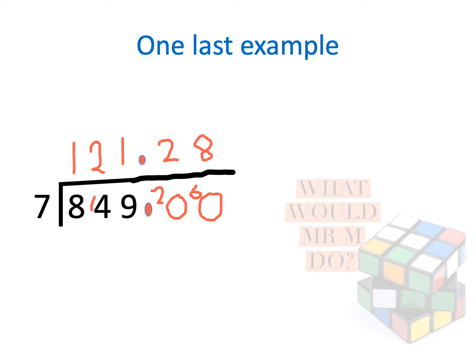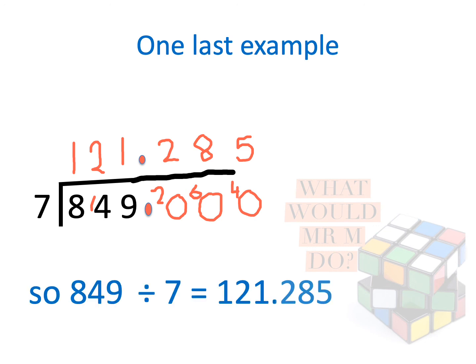I know that the answer is 8, and again I have a remainder here because that's 56, so I've got 4 left over. I put the 0 in my thousandths column and I add the 4, and I do how many 7s are there in 40? The answer is 5. And I have a remainder of 5 again. Now, I could continue this, but because I've got into 3 decimal places, I'm going to stop.